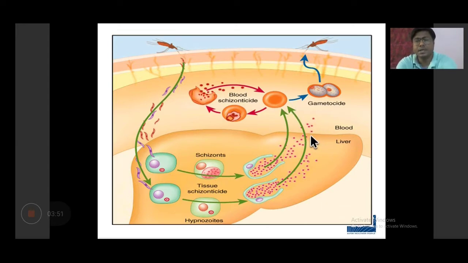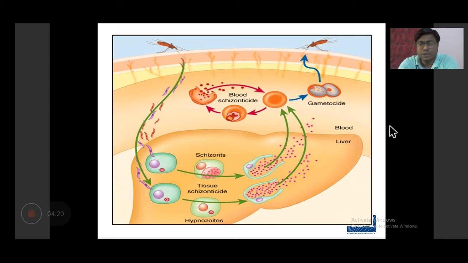Some of them remain in the body, and some become the male and female gametes, which combine to form the parasite again. So the targets we have right now in pharmacology are pre-erythrocytic targets, erythrocytic targets, post or extra-erythrocytic targets, and gametes. We will go that way in the classification of our drugs.